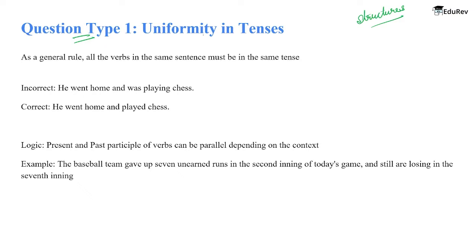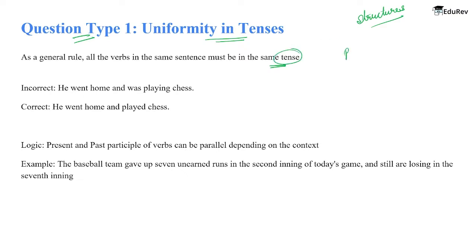Question type 1 is uniformity in tenses. As a general rule, all the verbs in the same sentence must be in the same tense. You have studied this in your primary and secondary classes, and you know what tenses are. I am very sure you also know that the verbs in the same sentence must be in the same tense.